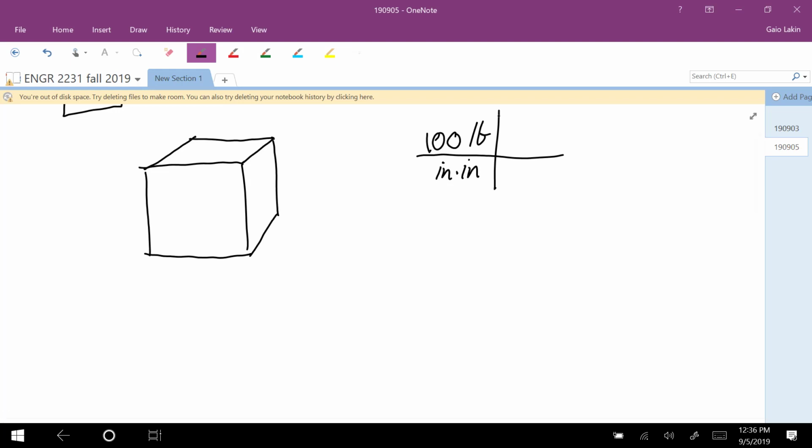A pound is something like 4 point something newtons.